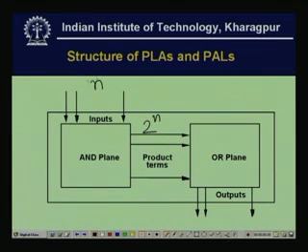That means, if my inputs are A0, A1 up to An minus 1, and outputs are say F0, F1 up to Fm minus 1, then m number of outputs will be there, n number of inputs and m number of outputs.